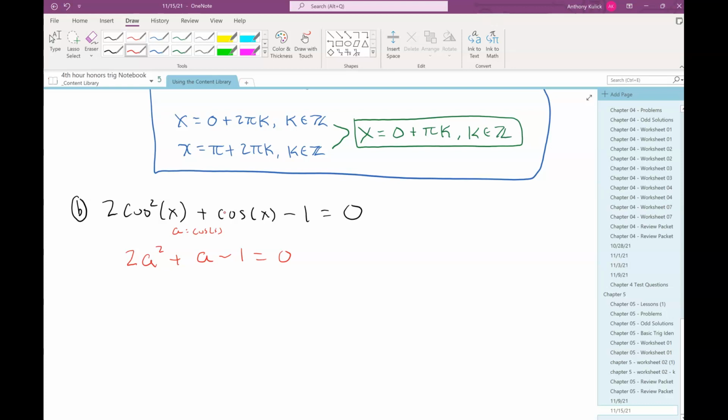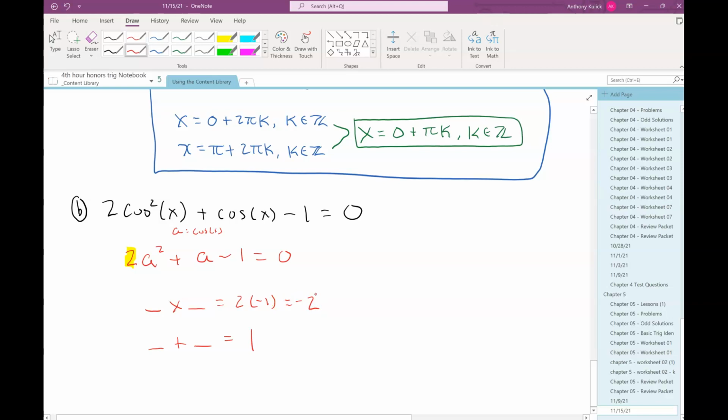So the first thing you need to remember about factoring is that our rules for factoring are slightly different depending on whether the leading coefficient is 1 or not. In this case, what is the leading coefficient? 2. That's the slightly more complicated case. So what I'm going to want to do is start by finding the two numbers that multiply to give me the leading coefficient times the constant term and add to give me the coefficient on the linear term.